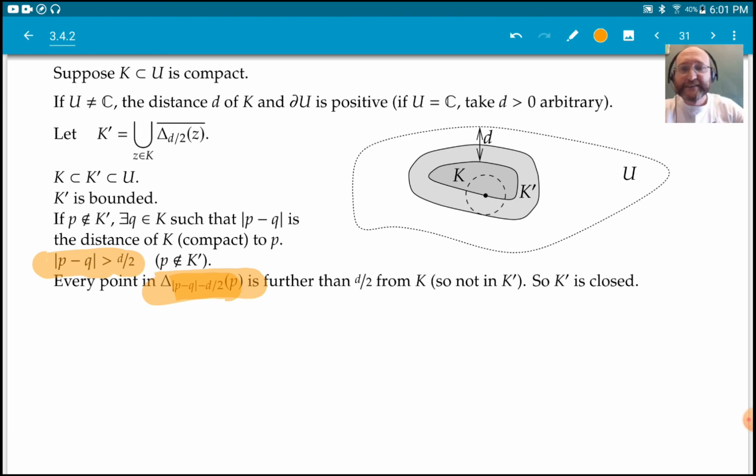K prime is closed. And so therefore it's compact because it's bounded and closed, and it's a subset of the complex plane, right? And there's always someone that thinks that closed and bounded is the same as compact. It's not true.